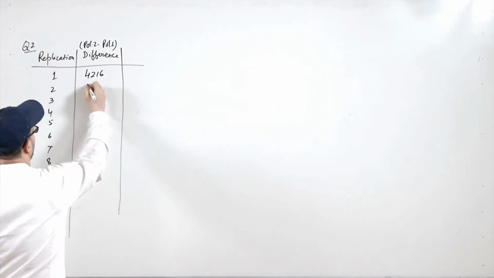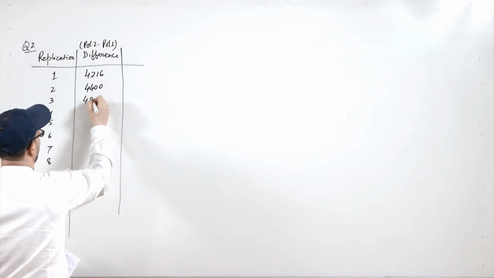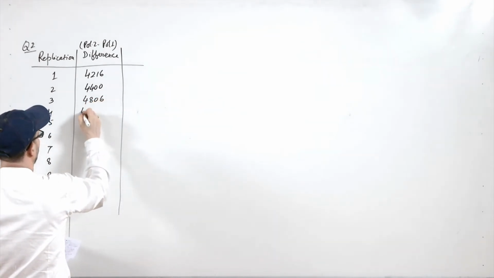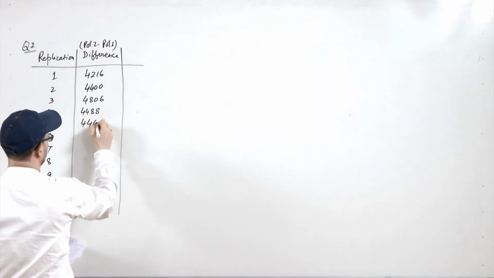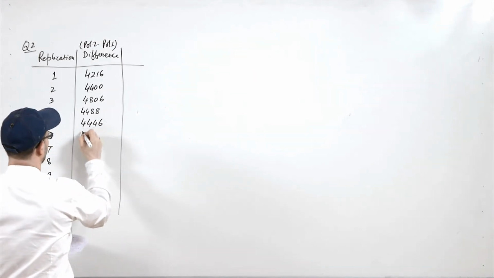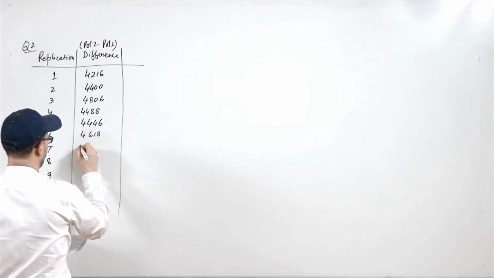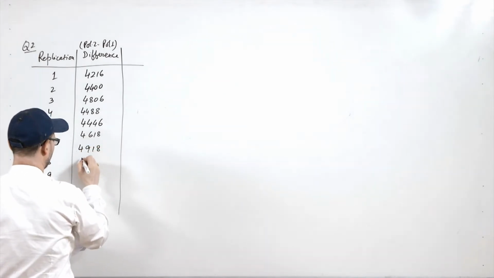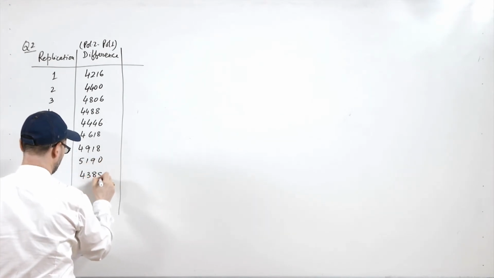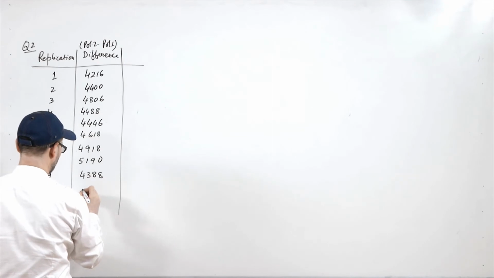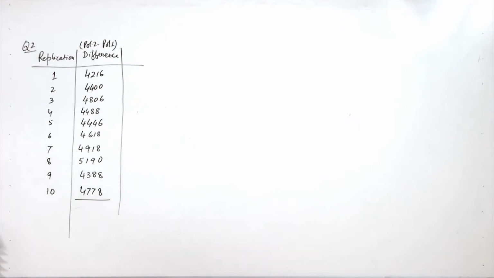So, it will be 4400, then 4806, then 4488, then 4446, then 4618, 4918, 5190, 4388 and 4778. So, this is what we get.